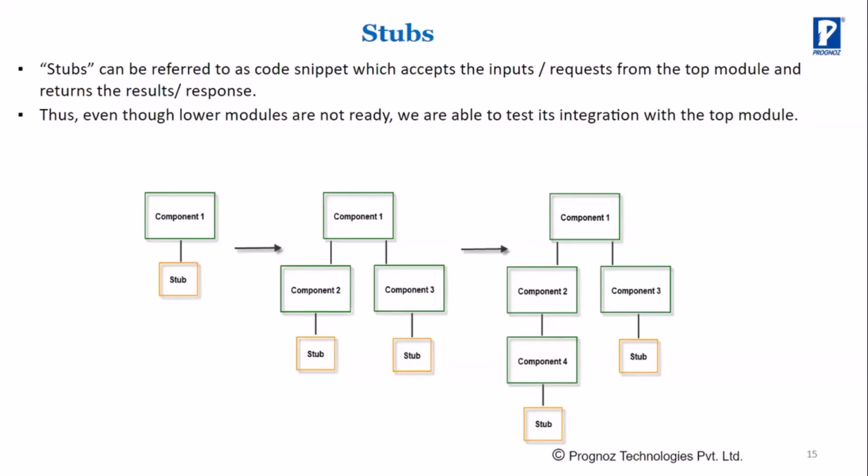If there is any problem in the top module, it will be identified here, and we will fix that problem. Correct? So stub is nothing but temporary code written by the developers, where you can pass some input and they will send some output. Did you understand this point?